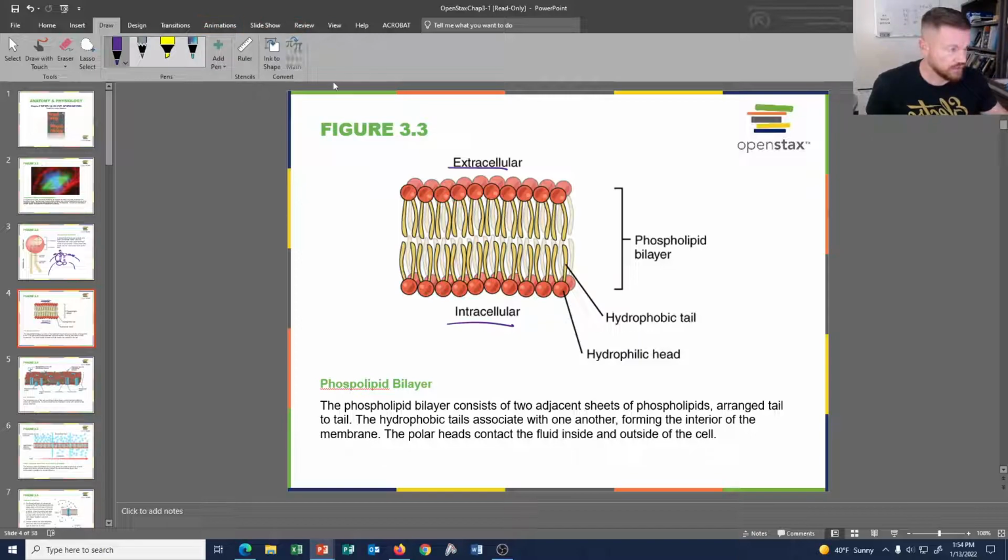The other thing I can do with a barrier is I can have a lot of positive charges on this side and a lot of negative charges on that side. What's that look like? Well, you've seen a battery, right? Is that the positive end? I think it is. And then the negative end. What do we do with batteries? We do work. And so the same thing with membranes.